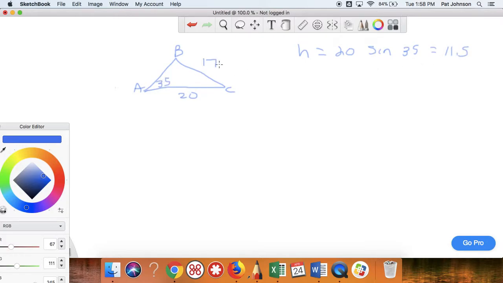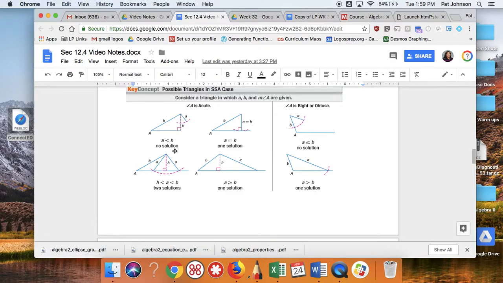So what is little a? We said little a is 17, little b is 20, and capital A is 35. So little a is greater than h. Now we look at our cases. It's not equal, so it's not this one. It's either going to be here or here, because we know a is greater than h.